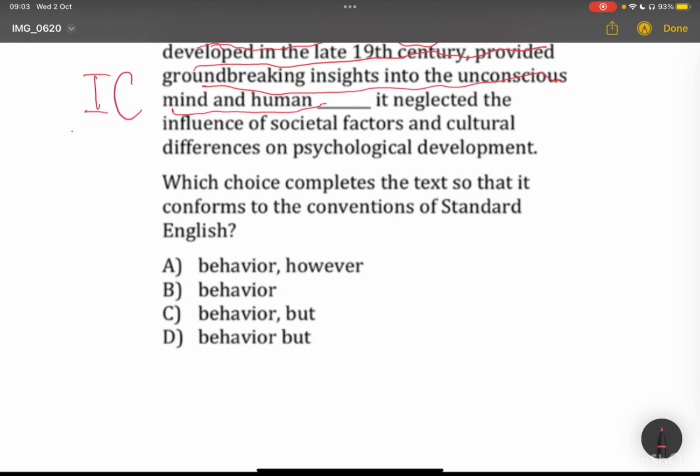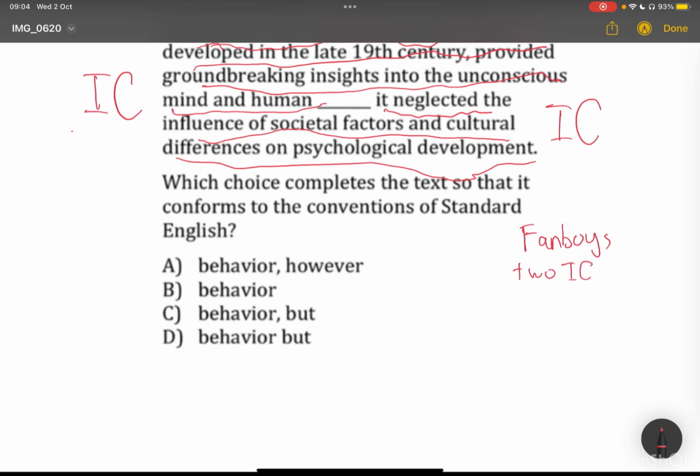We'll look at the second one. It neglected the influence of societal factors and cultural differences on psychological development. It's another independent clause. So let's learn how we can separate the two independent clauses with a comma. So FANBOYS separate two independent clauses with a comma.